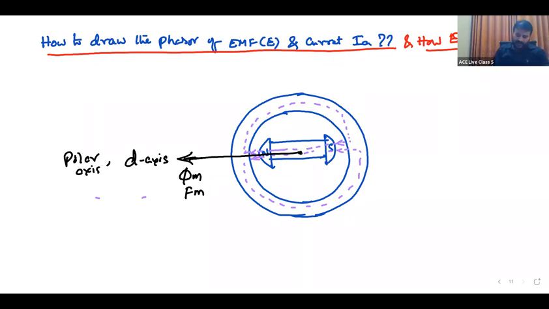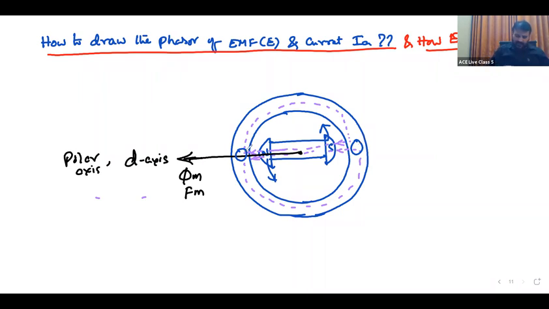The rotor is rotating in the counterclockwise direction. If there are two conductors, conductor 1 and conductor 2, under the north pole what is the current? With the flux direction and the conductor moving, the thumb is upwards and the current is outwards.